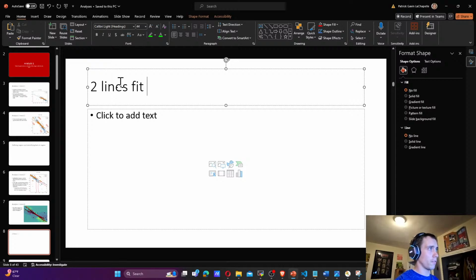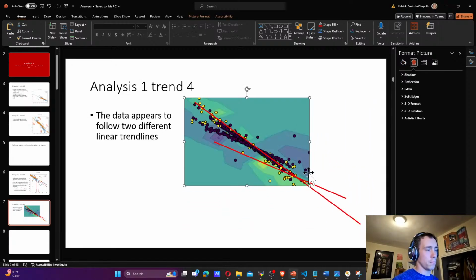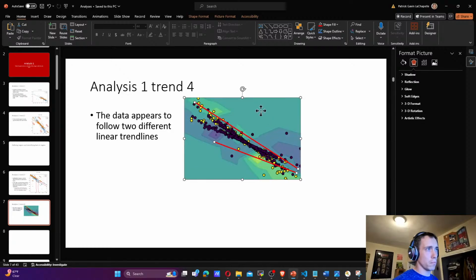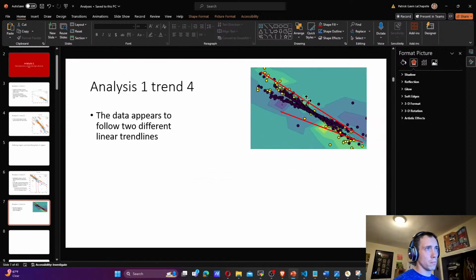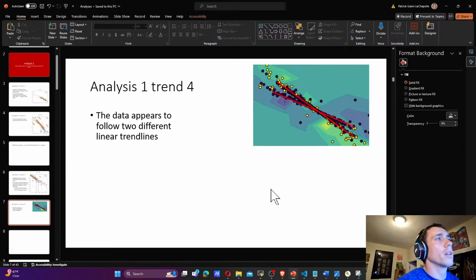Two lines fit well. Okay, that's what the two lines look like.